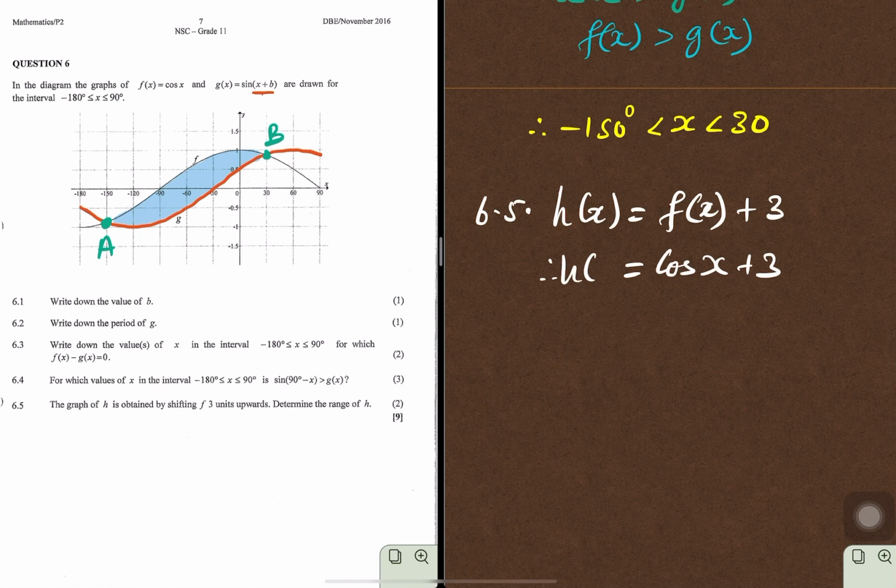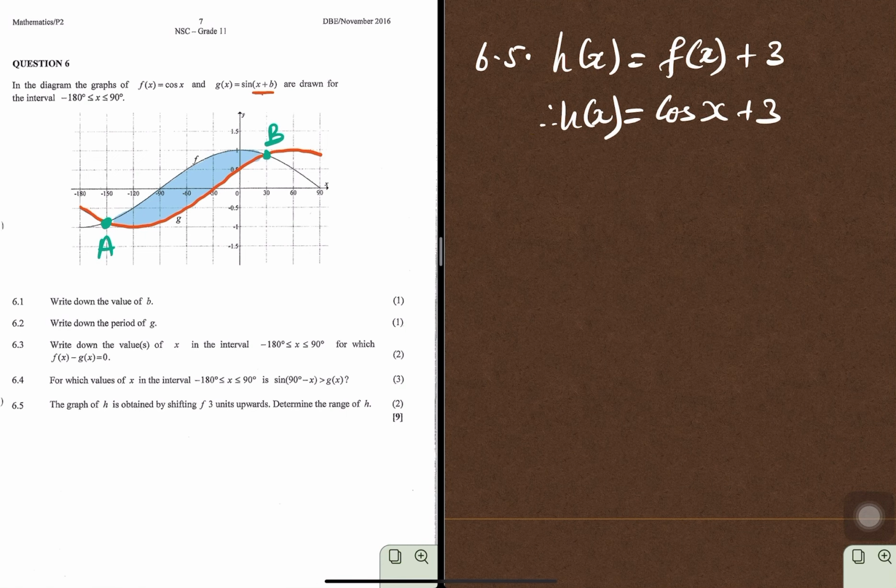So basically here, they are looking for the range of cos of x plus 3. Now, pay attention. What is the prescribed range of cos x? We have y bigger than or equal to -1 but less than or equal to +1. So now this value here really affects your range. Think about it. You're going to have a -1 and then you add that 3 there, and y is bigger than that number but less than this one.